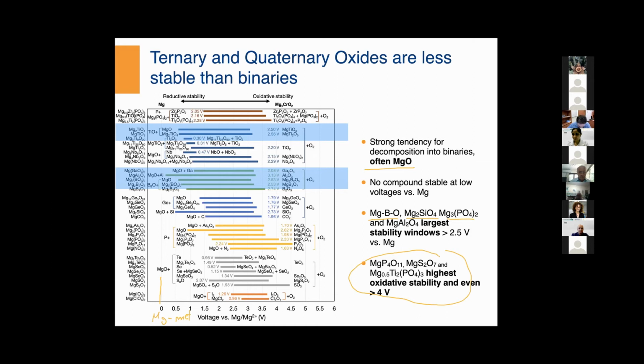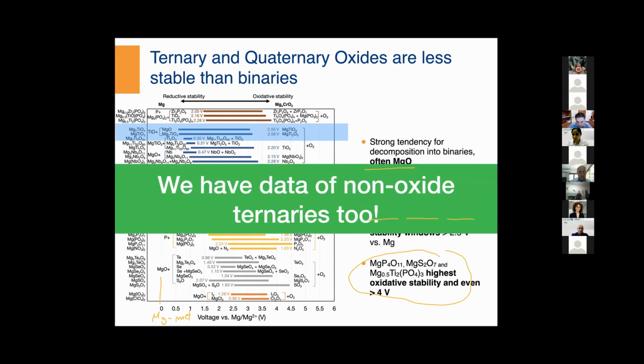So in general, oxide might not be super important when it comes to the anode side, but they could be interesting from a cathode side point of view. We have also computed ternary and quaternary for selenide and telluride, as well as a hydride, which might be interesting, and we might discuss it later.